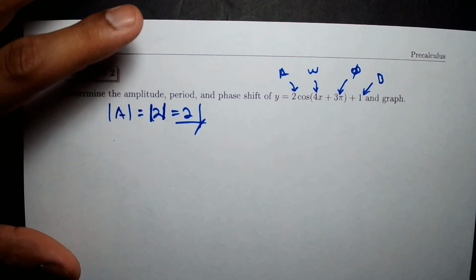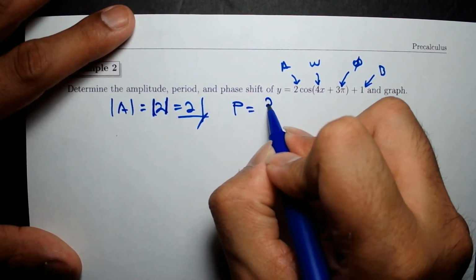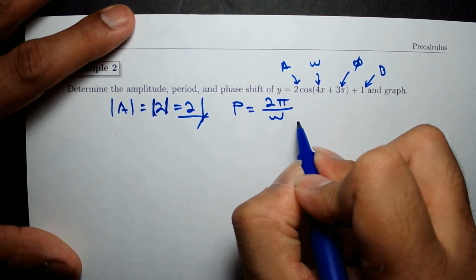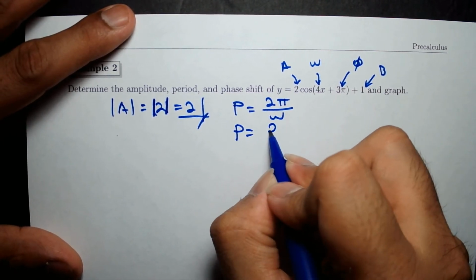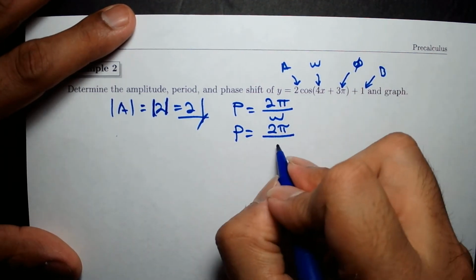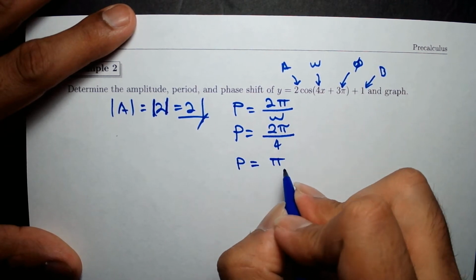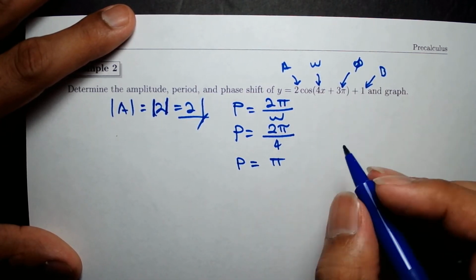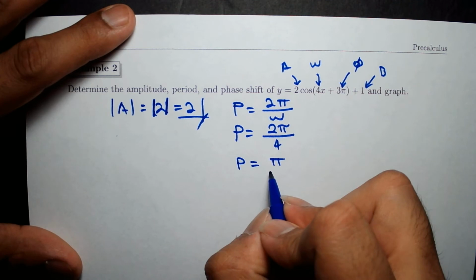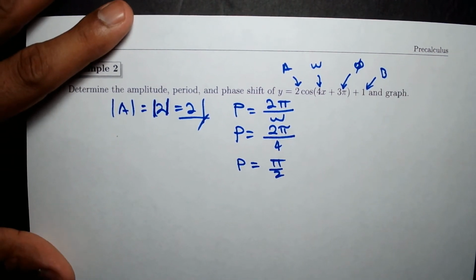So let's have a look at the remaining properties. So p, the period, which is 2 pi over omega, and omega is 4. So 2 pi over 4 reduces to pi over 2. All right, so pi over 2.